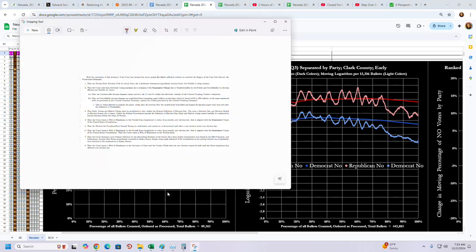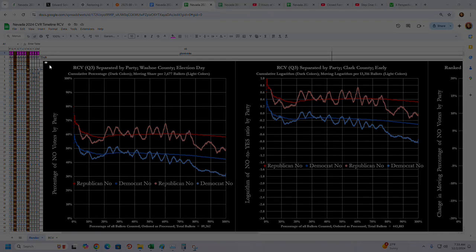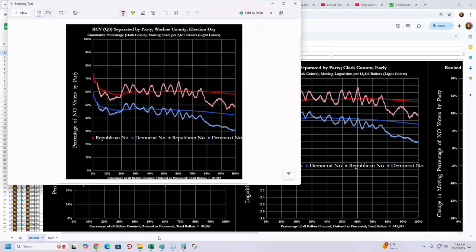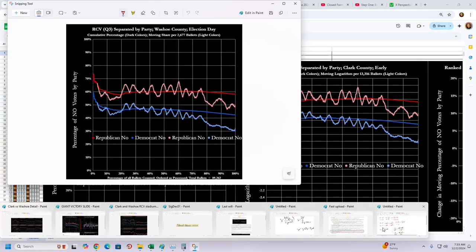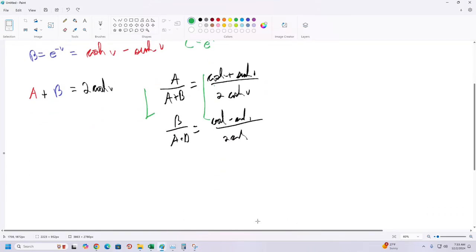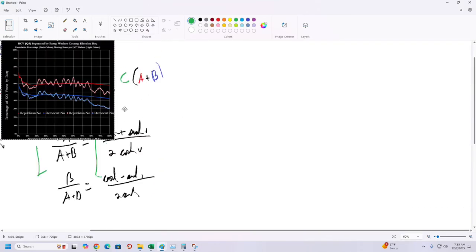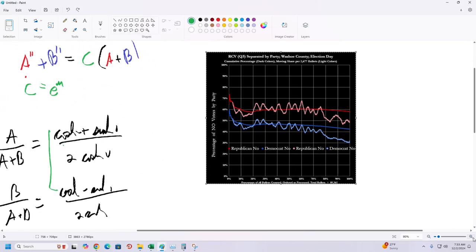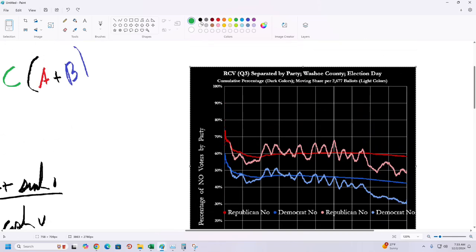Think of it this way, taking this graph in front of us. If you go from 50% to 55%, the ratio went from 1 to 1 to something that is almost equal to 1 to 1. It's just slightly favored, right?